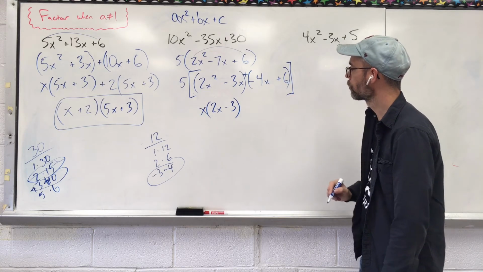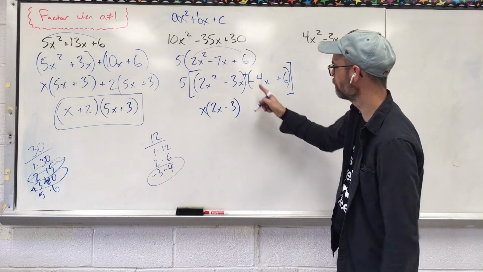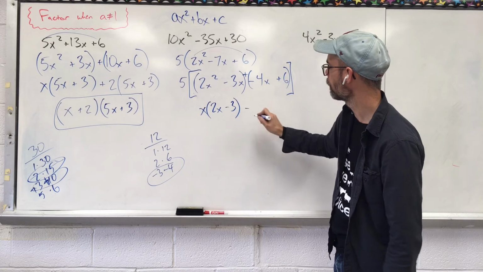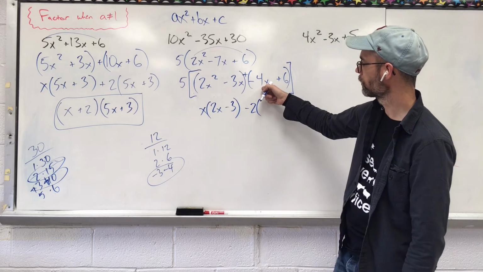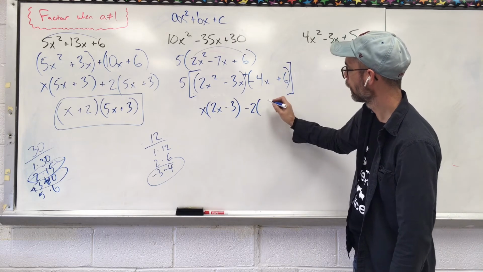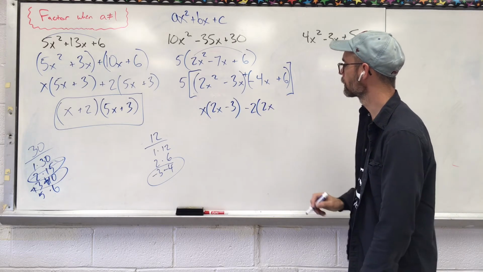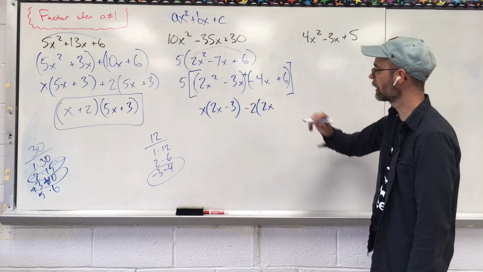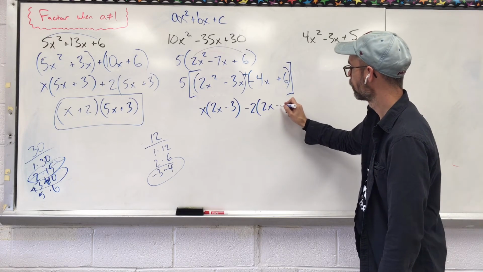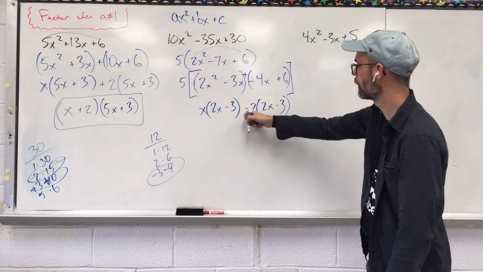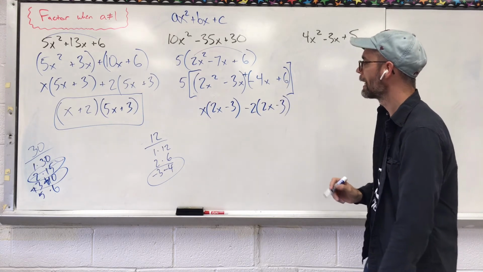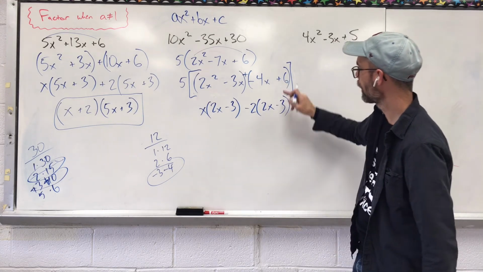4 and 6, what do we share? We share 2, but because there's a negative there, let's pull a negative out as well. Negative 2 times what gives us negative 4x? We're going to say 2x. Negative 2 times what gives us 6? Negative 3, because a negative and a negative gives us positive. Now, all of this is everything that we have in brackets.